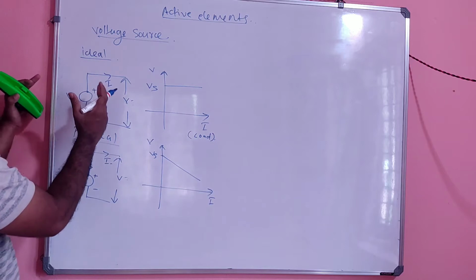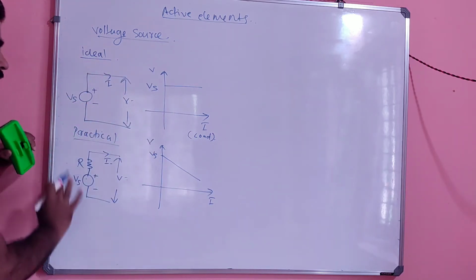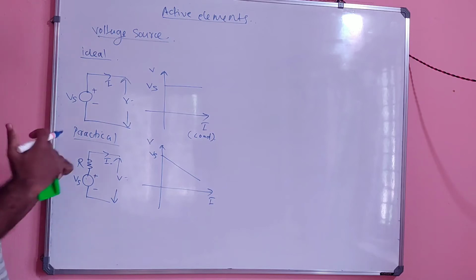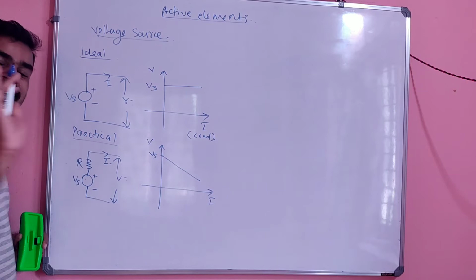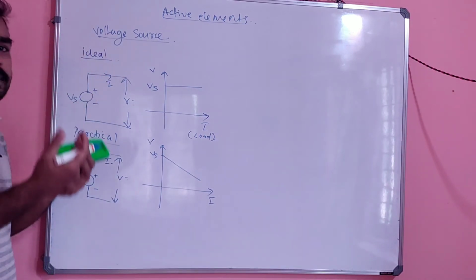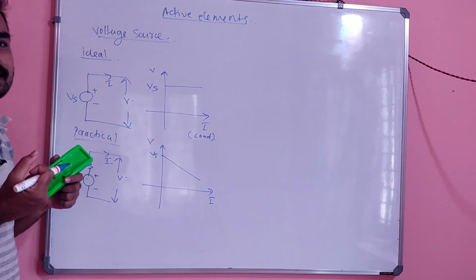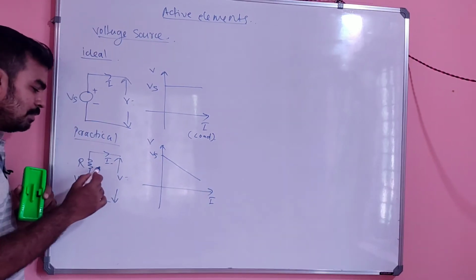Clear? So ideal means simply a voltage source Vs, and the terminal voltage is always constant. A practical source means there should be something which reduces the terminal voltage, that is nothing but a resistor in series. There should be something which absorbs some voltage, that is the resistor R. Only in a series combination will there be a drop.